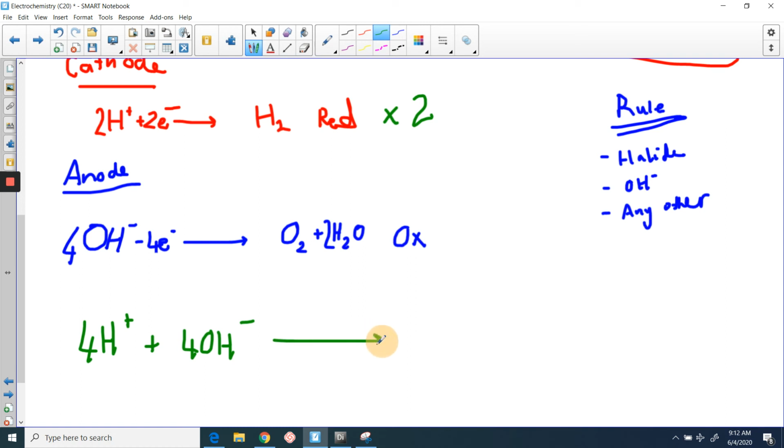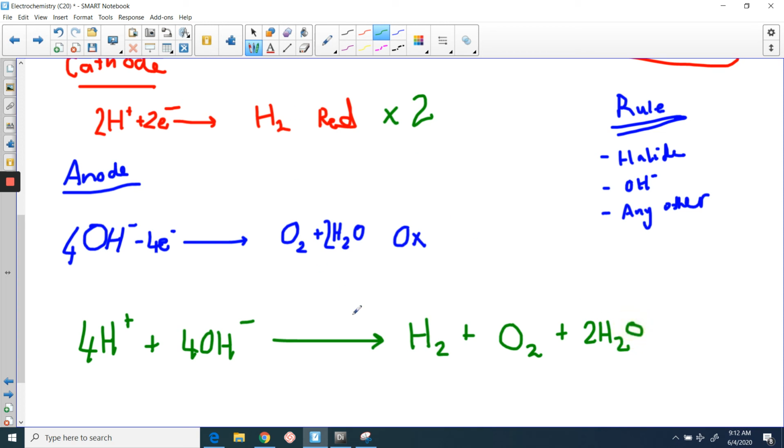Then you've got your line representing the reaction, and you're producing hydrogen gas and oxygen gas and 2 molecules of water. Now, I've missed something out here because things won't make perfect sense.